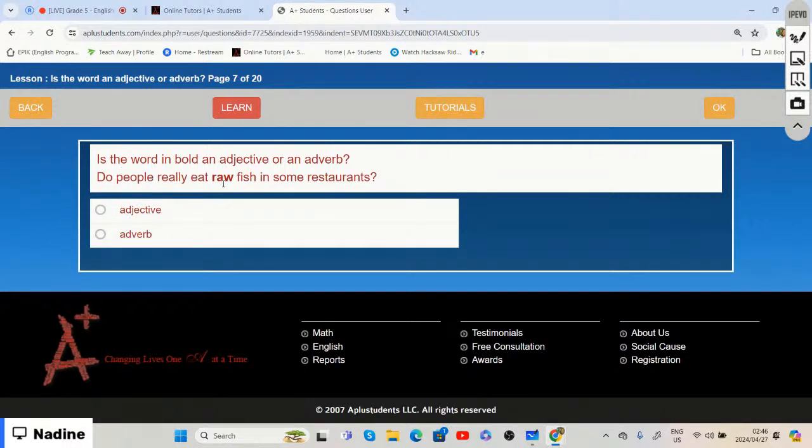Do people really eat raw fish in some restaurants? Raw fish. Does it tell us more about the fish? Is it an adjective or an adverb? What kind of fish? It's raw fish.